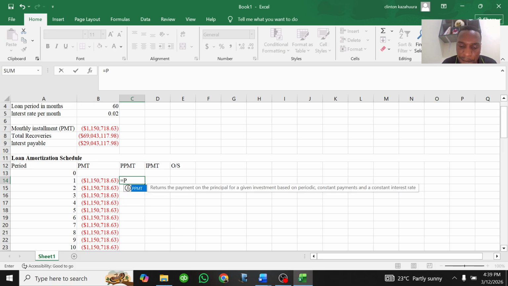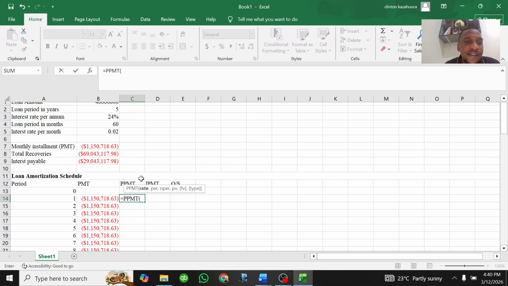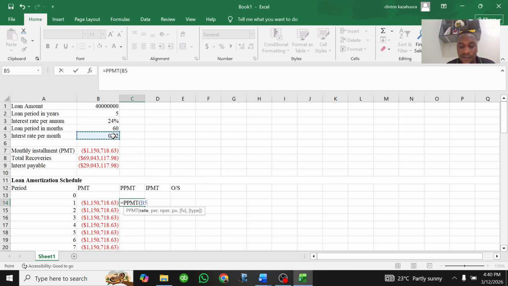Equal to PPMT, I open brackets. Not equal to PMT, we have two things. This one is equal to PMT for monthly installment, but for principal payment, it is equal to PPMT. After putting the brackets, they're asking me what is the rate. The rate is 0.02. I put a comma. What is the period?